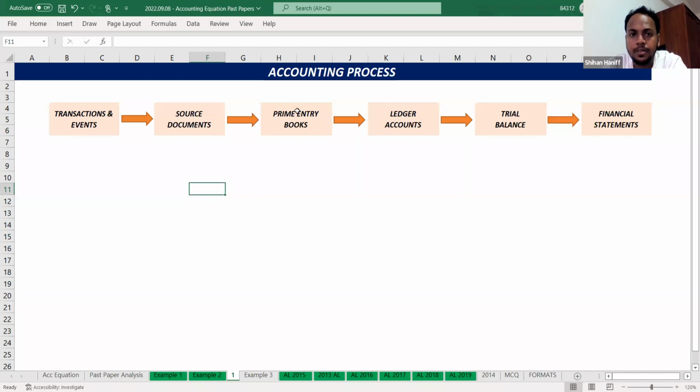Then I discussed the accounting process: from the transactions and events, we record the transactions in prime entry books after collecting the source documents, then post the transactions to ledger accounts, then prepare the trial balance and financial statements.